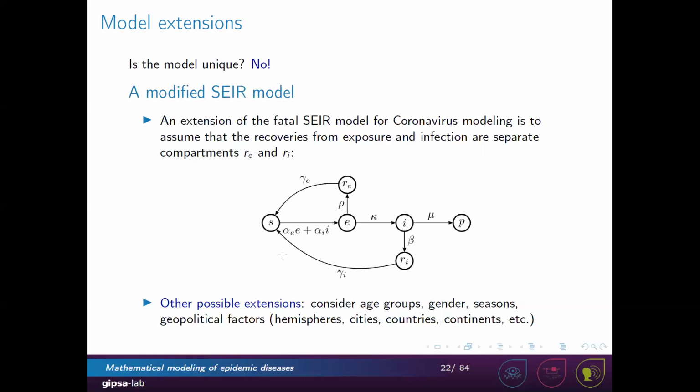So perhaps it's better to separate and split the group of recovered people into 2 groups. One for the exposed people who get recovered, which we represent by RE, and the other with RI, which is the group of people who became infected and then recovered.